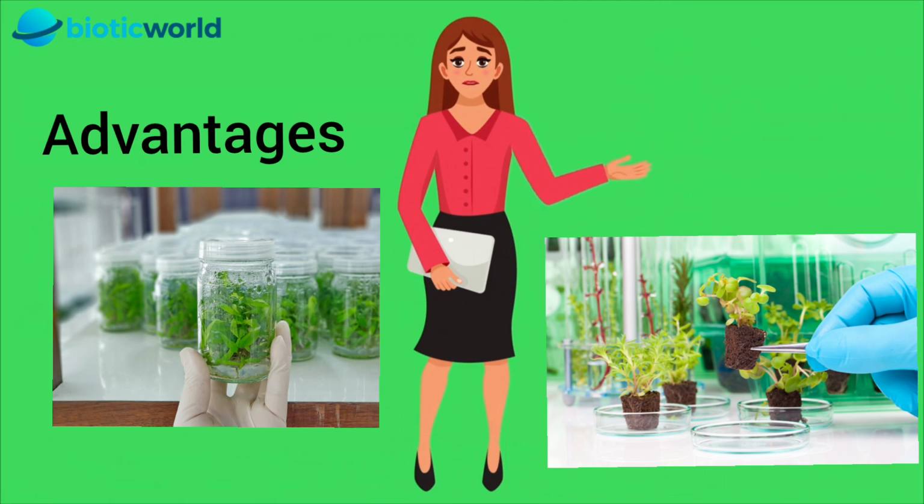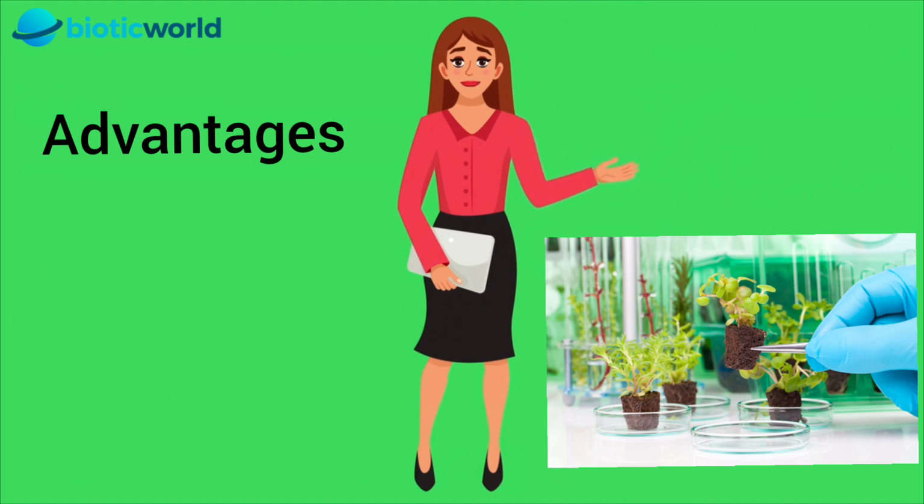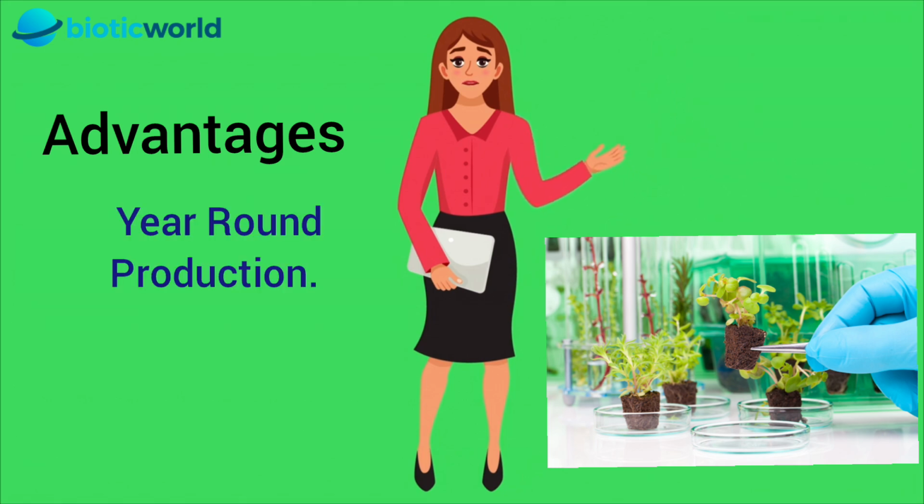This allows for vertical farming or urban agriculture, where plants can be grown on multiple levels, conserving space and resources. Additionally, tissue culture can use less water and fertilizer compared to traditional methods, making it more environmentally friendly.